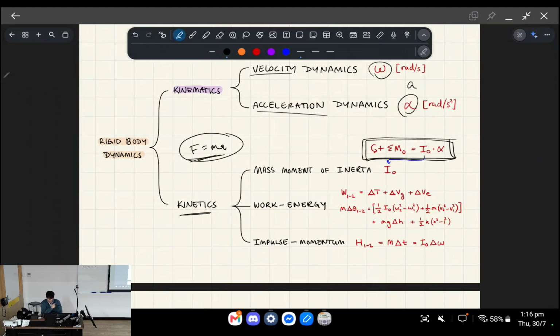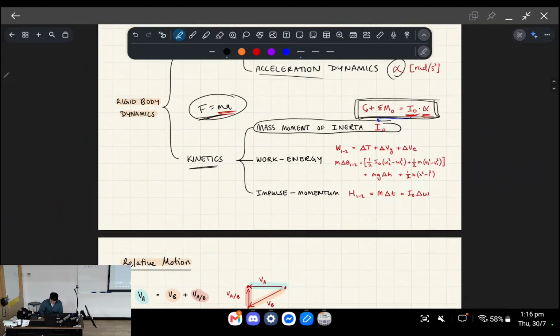And so instead of ma, the moment equation of motion focuses on the mass moment of inertia multiplied by the angular acceleration, okay? And there's ways we can figure out the mass moment of inertia as well. So that's all included in my notes.